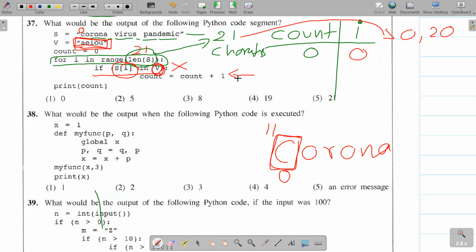ඊට පස්සේ i එකකින් වැඩි කරනවා. i becomes 1. So S[1] කියලා කියන්නේ O. ආයෙත් බලනවා O කියන එක්කෙනා V ඇතුලේ ඉන්නවද. A E I O U ඉන්නවා. ඒ කියන්නේ මේක හරි, දෙවෙනි වතාව. ඒ කියන්නේ මෙතනට එනවා. ඇවිල්ලා count එක එකකින් වැඩි කරනවා.